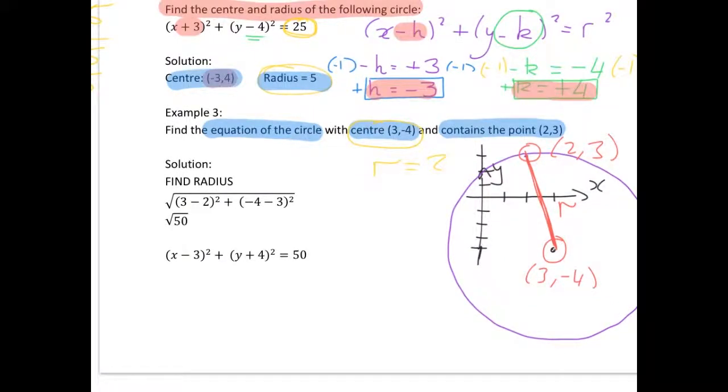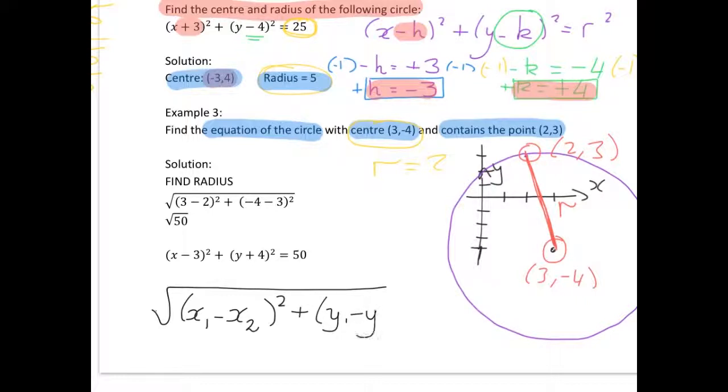Our distance formula, you'll recall, is the square root of (x1 minus x2) squared plus (y1 minus y2) squared. In our case, x1 will be 3, x2 will be 2, y1 will be -4, and y2 will be 3.